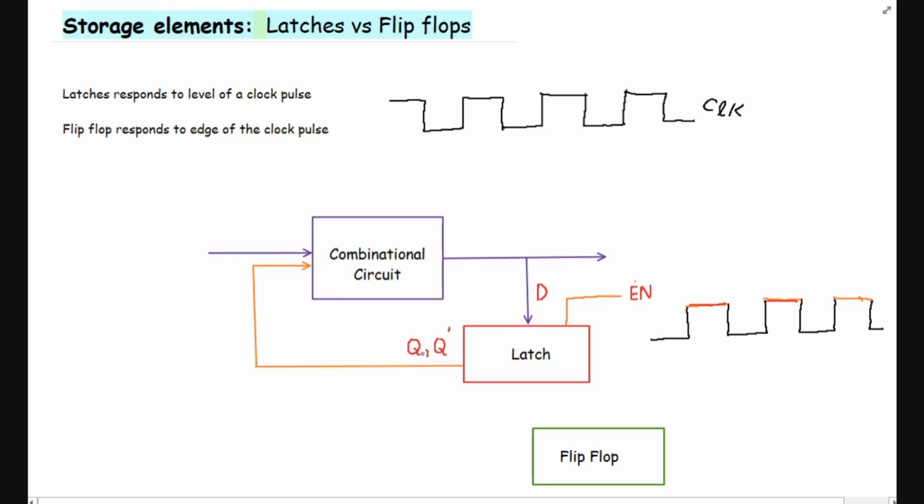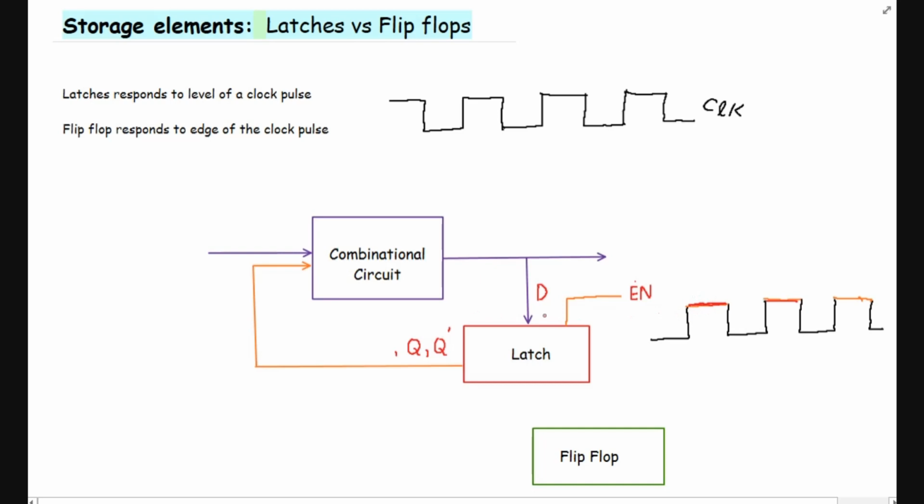Whenever output Q and Q dash appears, it goes back to the combinational logic circuit and comes again as an input to the latch. Now the signal still remains high and the output changes again. So this process continues until the signal remains high.